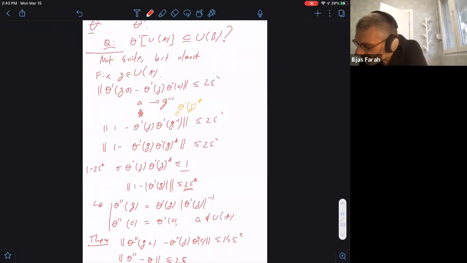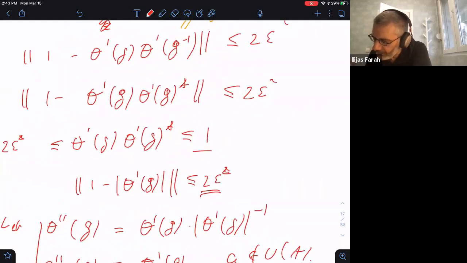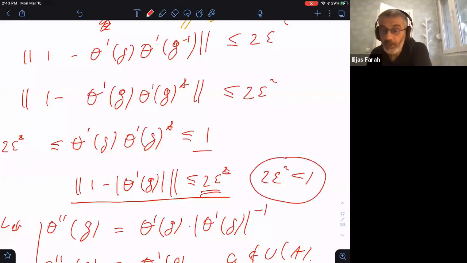Let me see. There was something here, for example. It's not used in that form here, but you need to know that this is less than 1. It's not that, because you want this guy to be invertible, right?